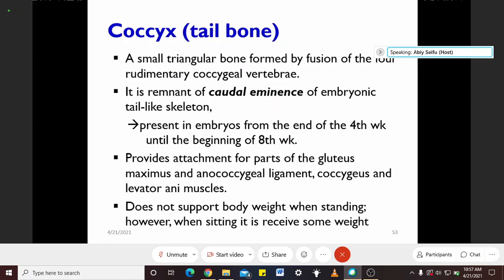And this bone is specifically used for attachment of muscles and ligaments.